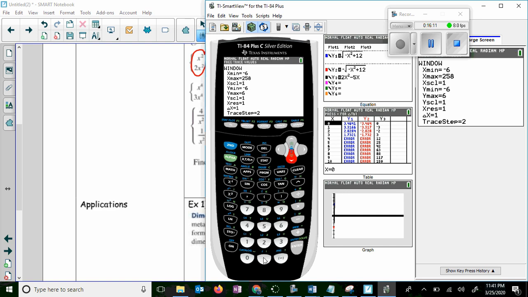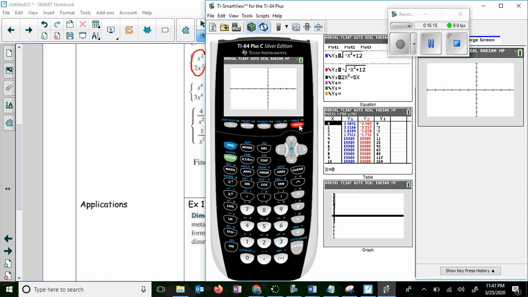You can find your point of intersection. I think it was something like that. I'm not sure. By hitting second trace, let me let it finish graphing here. You could also see in Desmos that these don't actually intersect.